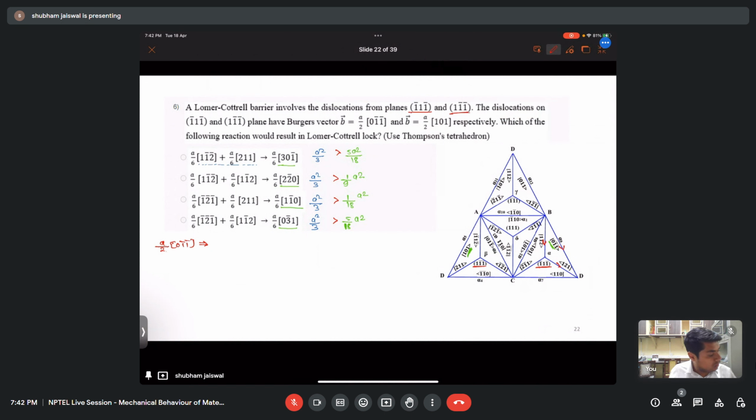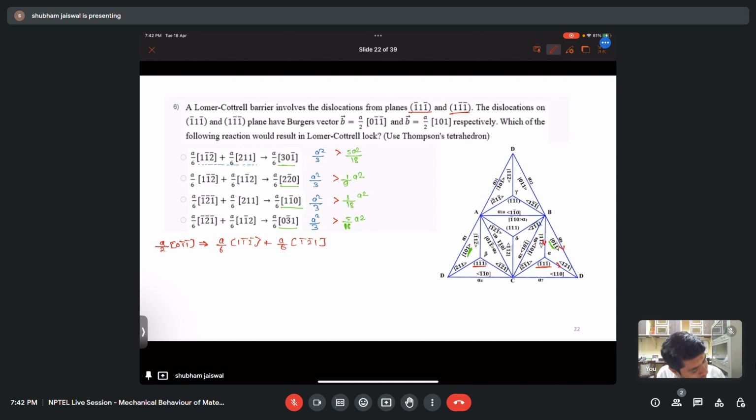So the Shockley partials for this case will be a/6 [1 1 bar 2 bar] plus a/6 [1 bar 2 bar 1].